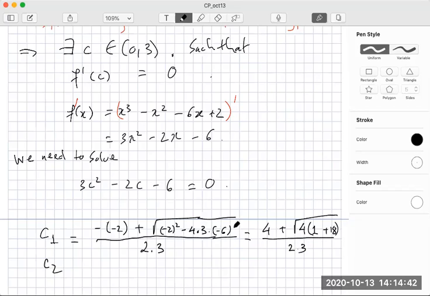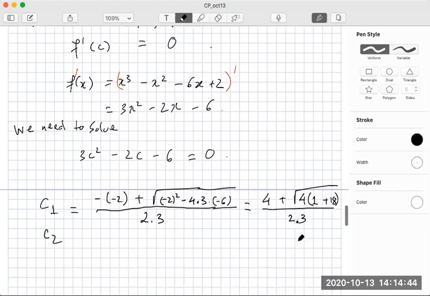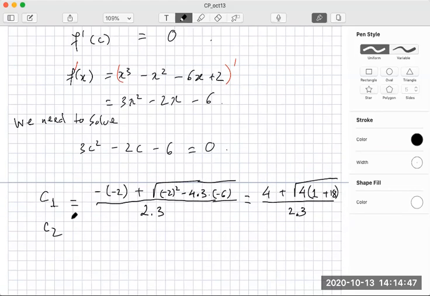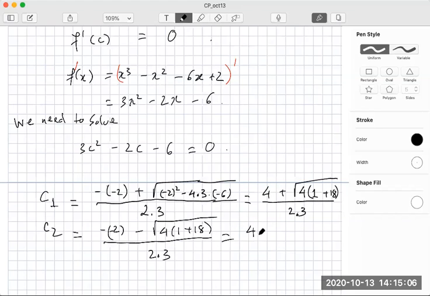Let us leave it this way. And the same story for the second number. C2 will be negative of negative 2, subtract the discriminant here, which will be the same here, 4 times 1 plus 18, divided by 2 times 3, it will be 4, subtract this guy, 4 times 18 plus 1, which is 19, okay? Divided by 2 times 3.